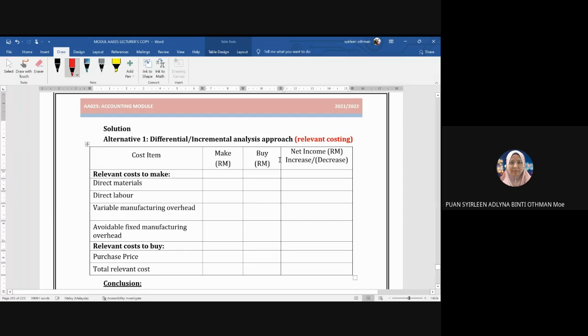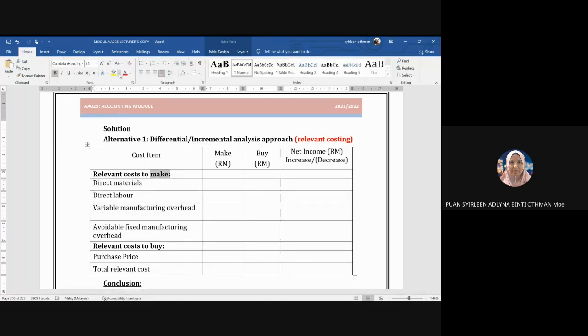Okay, alright. So dalam awak punya cost item tu, you have 2 parts. Satu ialah relevant cost to make dan satu lagi ialah relevant cost to buy. So maksudnya, saya akan kira apa semua cost yang saya perlu tanggung kalau saya decide to make.